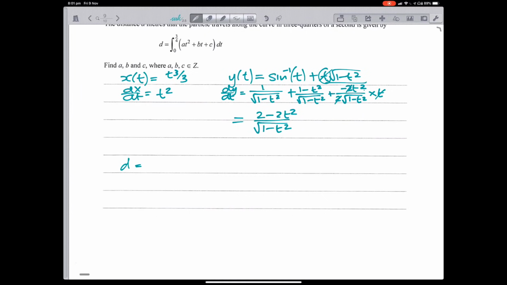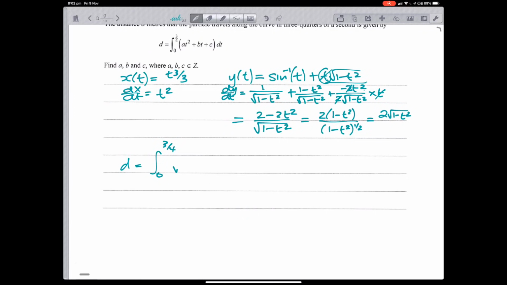So our distance is 0 to 3 on 4, dy dt squared. Actually, what can we take out? We can take out a 2 on top. We're left with 1 minus t squared on 1 minus t squared, to the half, which is 2 root 1 minus t squared.